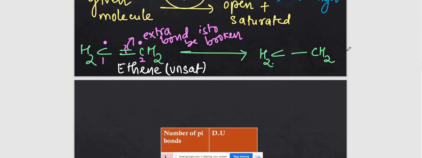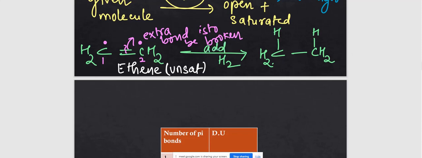Now how many bonds for each carbon? 3 for each carbon. So fourth bond has to be formed, right? So what I will do is, for two carbons here, we'll just add one hydrogen for first carbon, another hydrogen for second carbon. So overall we are adding two hydrogens. That means we are adding one H2 molecule, right?